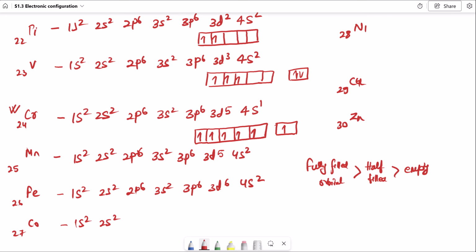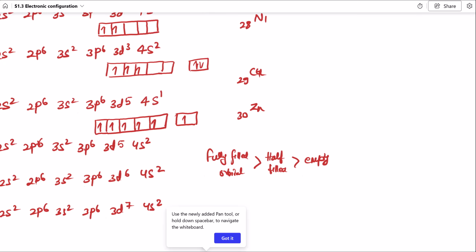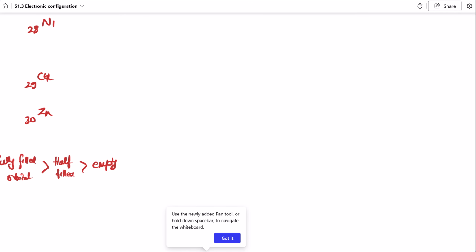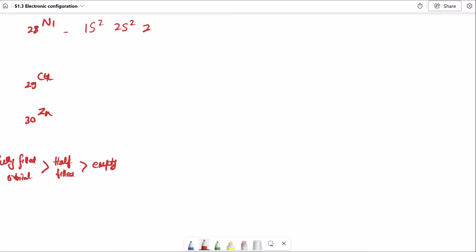Cobalt, 1s2, 2s2, 2p6, 3s2, 3p6, 3d7, 4s2. Right? In case of nickel, 1s2, 2s2, 2p6, 3s2, 3p6, 3d8, 4s2.